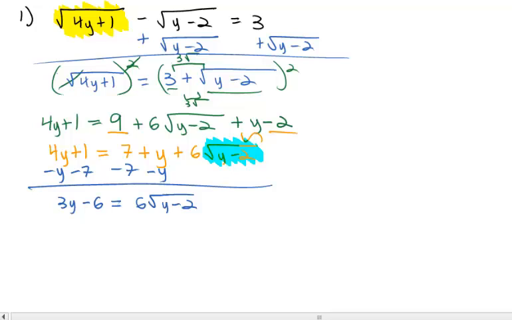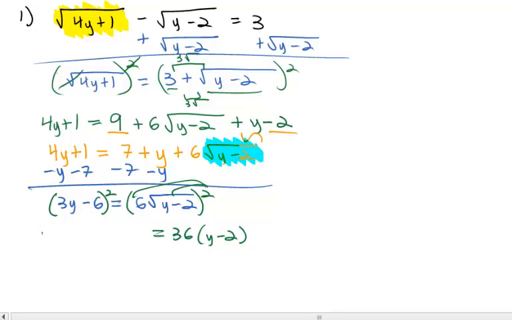Now, because the 6 is multiplied by the radical, it's going to be okay to square at this point. So I'm going to square both sides. The square is going to have to go on both parts, though. So we have to square the 6 to get 36, and we have to square the radical, leaving behind the inside stuff, the y minus 2.